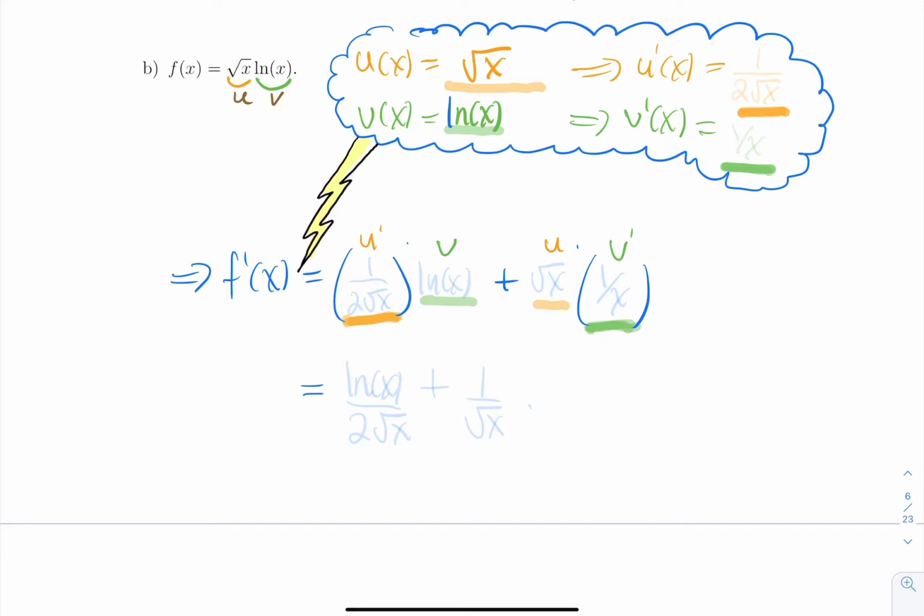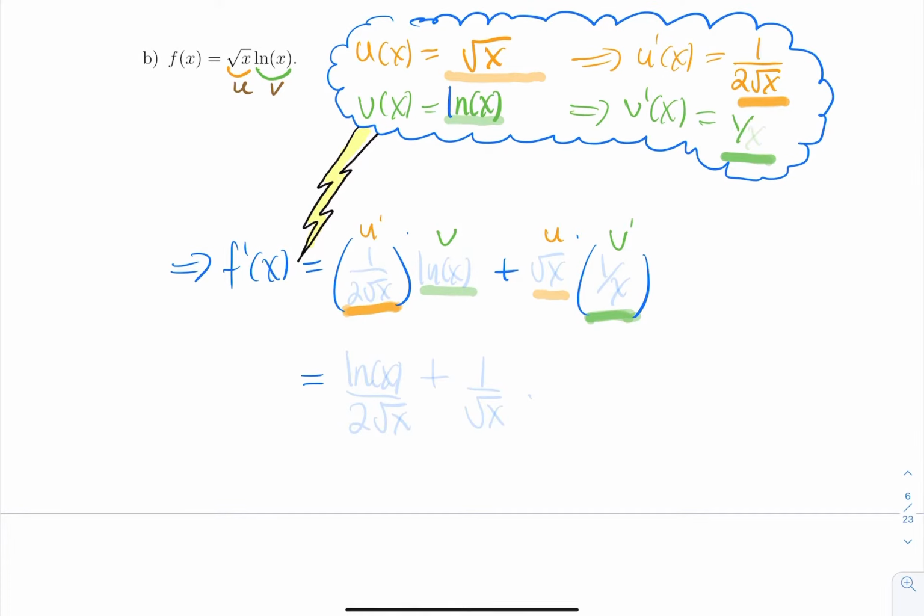If you use the power formula, you get 1/2 x to the power minus 1/2. You don't have to use a simplified format, but root of x is one of those functions that you differentiate so many times in calculus that you might as well remember it as one of those basic formulas. So the derivative of root of x is 1 over 2 root of x. And for v prime, if you have ln of x, then you're just going to get 1/x.